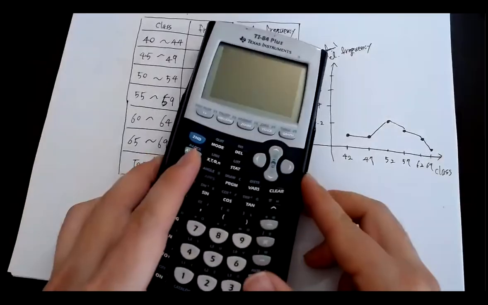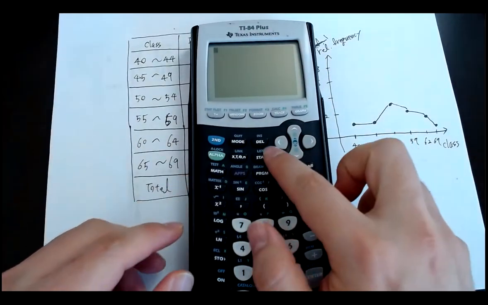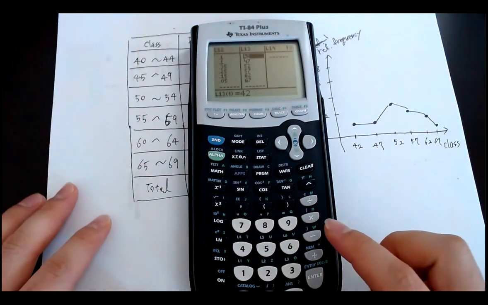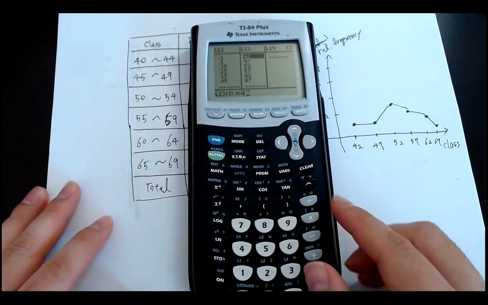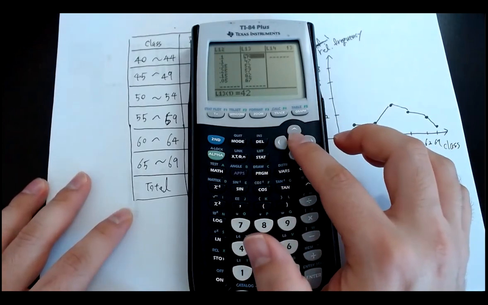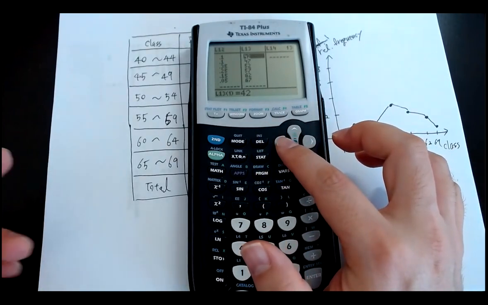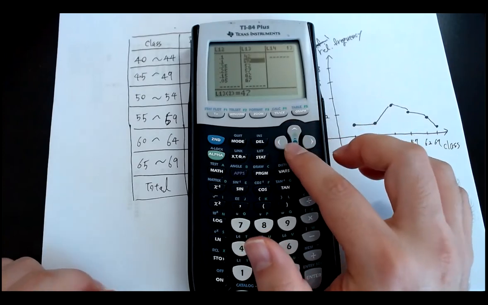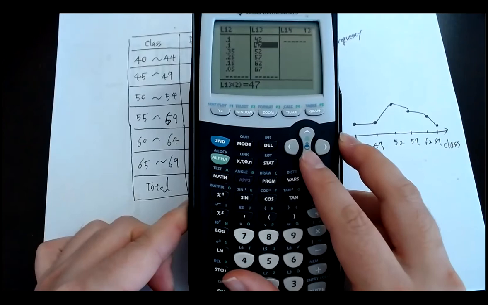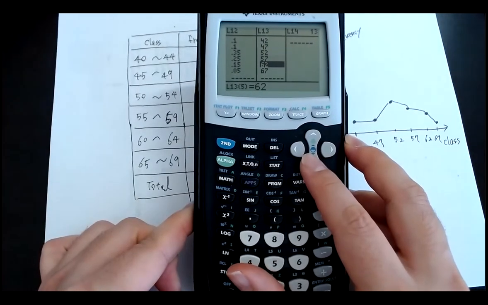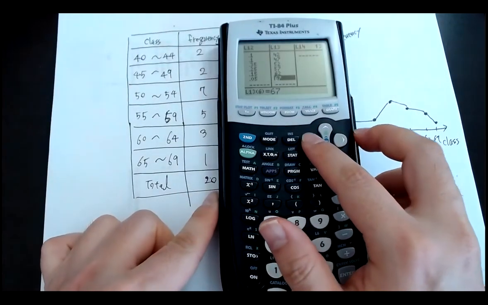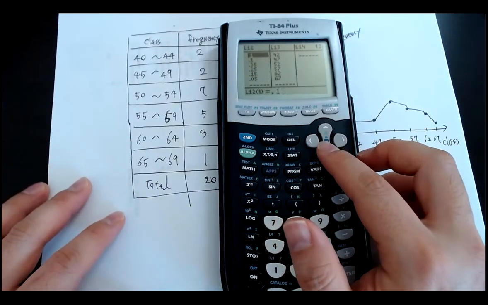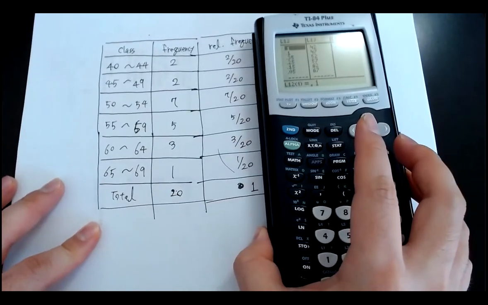So there is a way. So now you go to the calculator, and first we're gonna go to the edit. Press stat, and then go to edit, and then we enter the mid class for each class. Okay, 42, and then 47 and 52, and then 57, 62, 67, and then I enter the relative frequency in the other column.